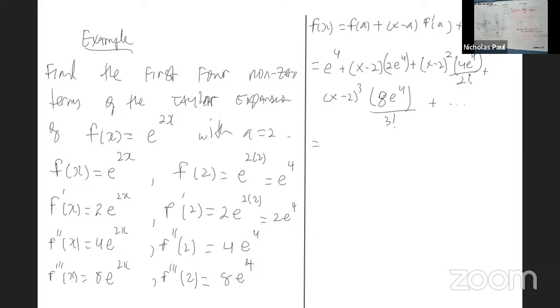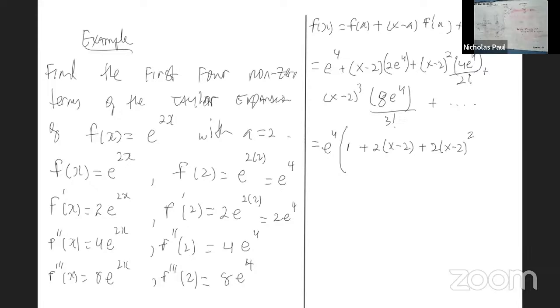How much is that? Here we could just factor out e to the 4, right? So we could factor out e to the 4 and we'll get 1 plus 2 by x minus 2, plus 4 over 2 factorial is 2 by x minus 2 squared.